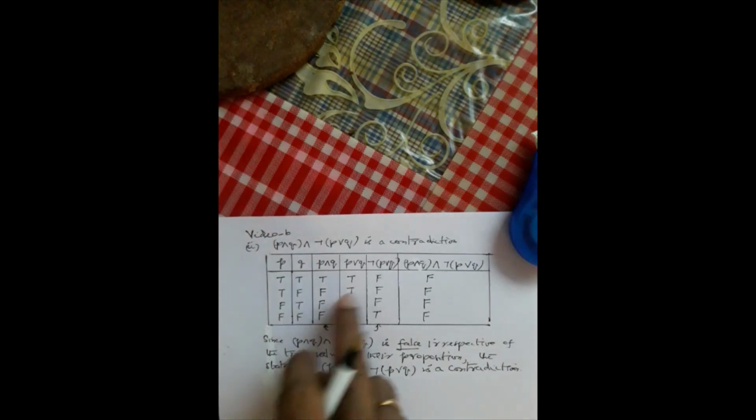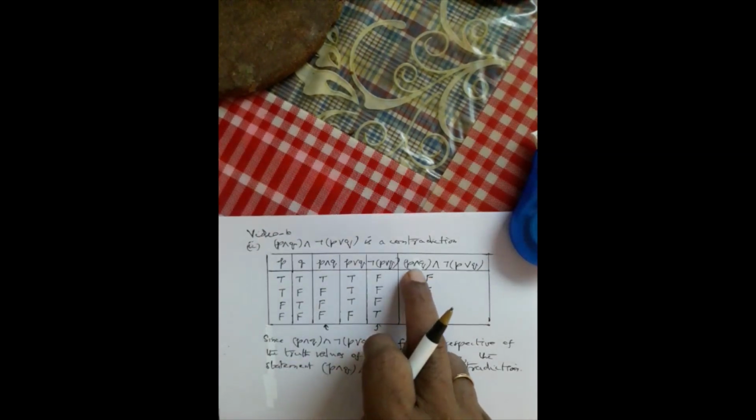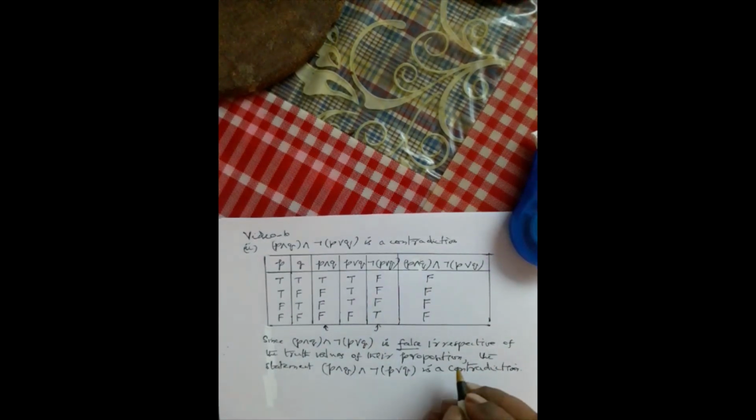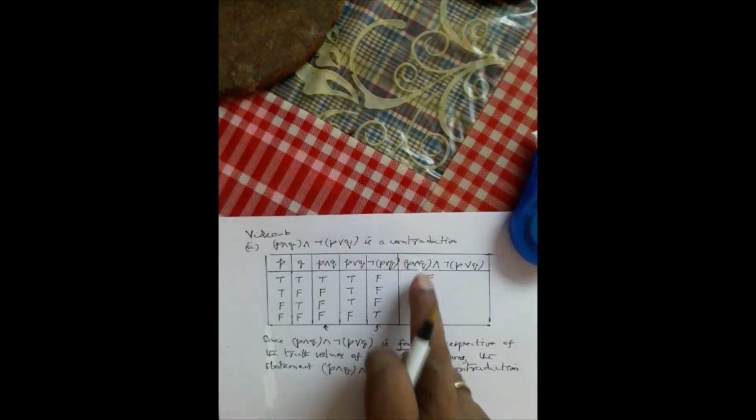See the last column, throughout we are getting only F, irrespective of the truth values of their propositions P, Q. So this completes problem number 2.